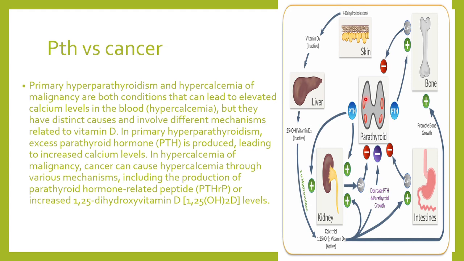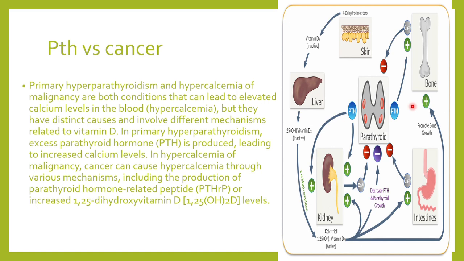There is increased secretion of the PTH. So when there is increased secretion of PTH, it will lead to increased absorption of calcium, isn't it, from the intestine, decreases the excretion of calcium from the kidney, and increases the resorption of calcium from the bone. So it will increase the level of calcium in the serum.